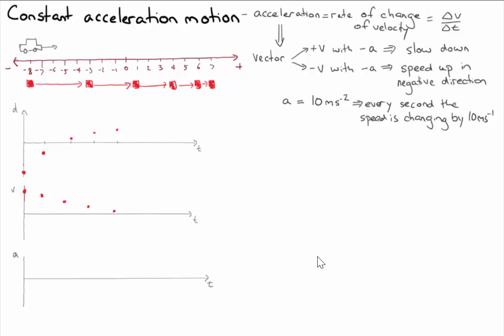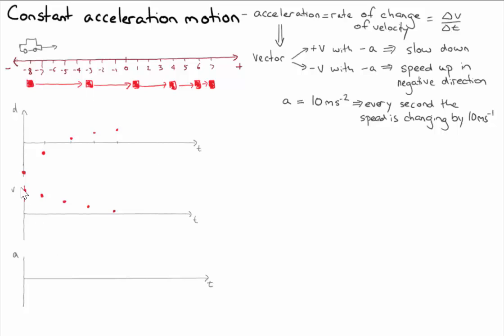Acceleration is how much the velocity is changing every unit of time. So we can look at that and say, well, the velocity is getting less every unit of time. Acceleration must be negative, which we can interpret from knowing that the cart is traveling in a positive direction, so that acceleration vector is pointing in the opposite direction to the motion of that cart.